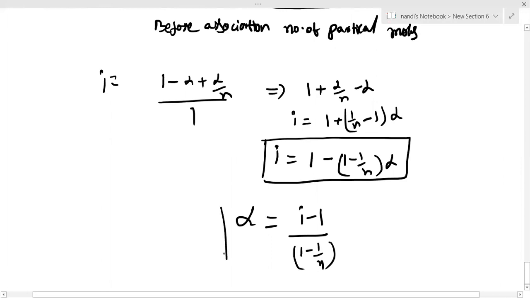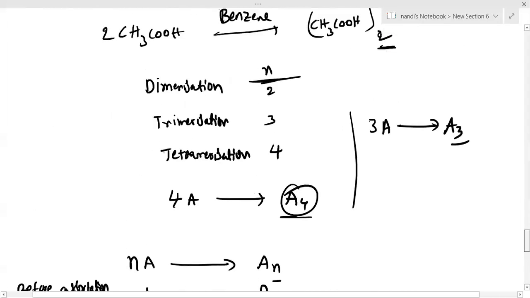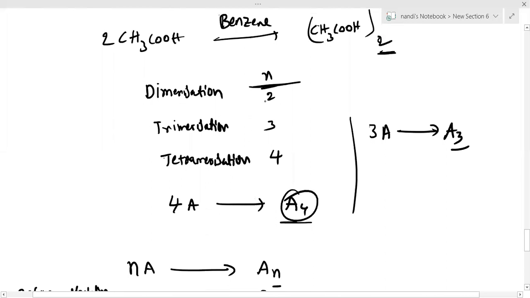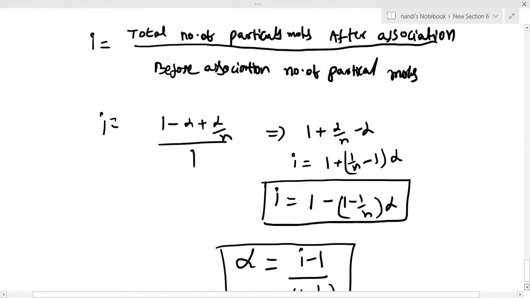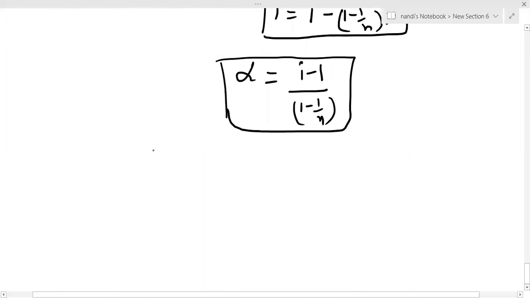This is the formula for the degree of association. Dimerization means n equals 2, trimerization means n equals 3, tetramerization means n equals 4. The Van't Hoff factor for association is less than 1. Keep that in mind.